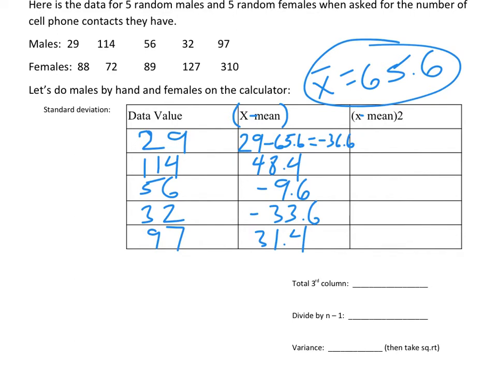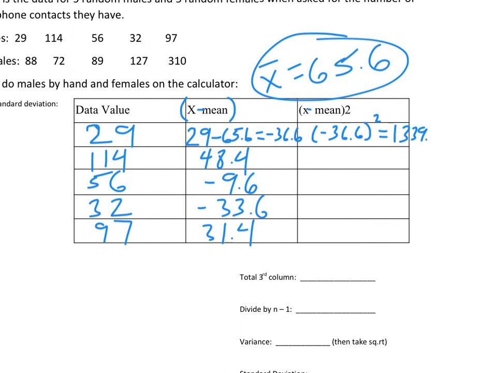Okay? Now I don't want positives canceling out with negatives, so I'm going to go square them all. So for like right here, I'm going to do negative 36.6 squared, which is 1,339.56. Okay, squaring it gets rid of that negative.